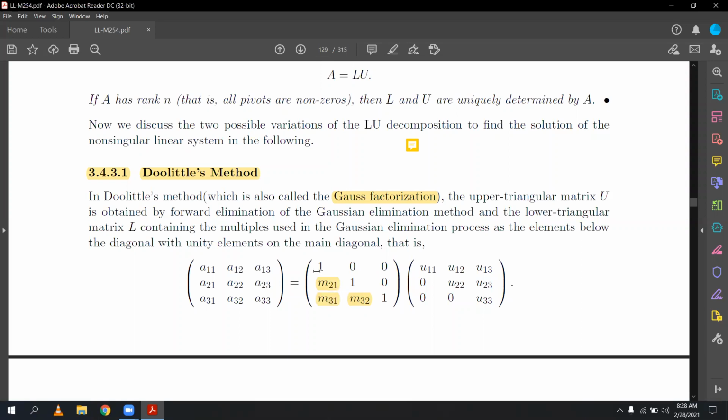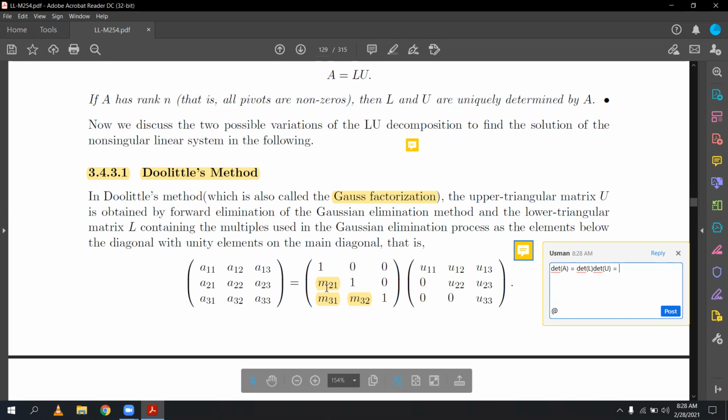Now what we need here is that the diagonal element must be equal to 1. Now, can you tell me the determinant of A by the Doolittle method? Determinant of A is always equal to determinant of L times determinant of U. What is the determinant of L, please?